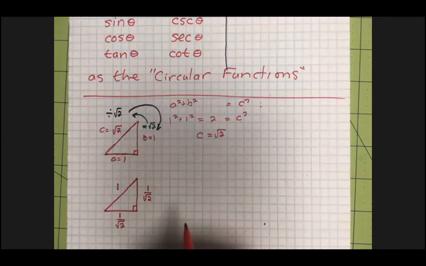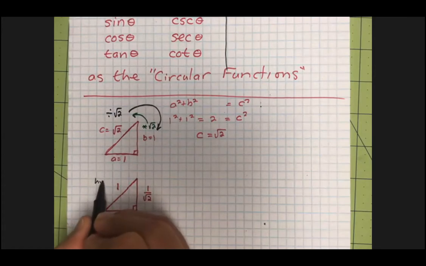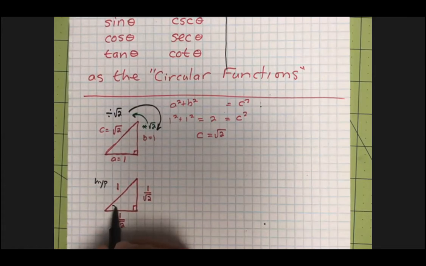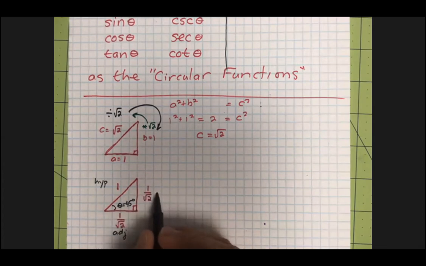And now I want to show you another coincidence. Remember, we call this the hypotenuse. If this is the angle theta, which is 45 degrees here, this is called the adjacent side, and this is called the opposite side.